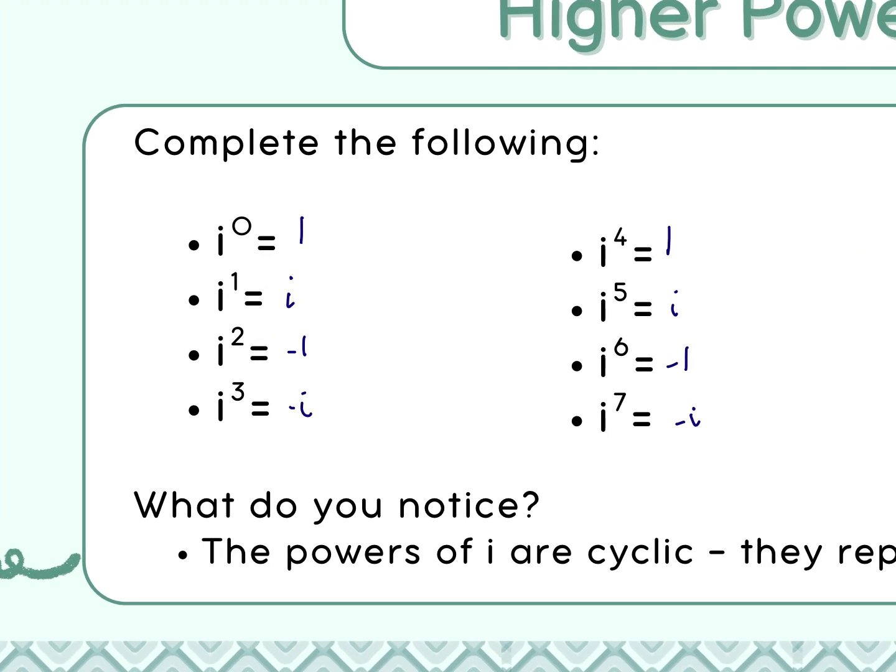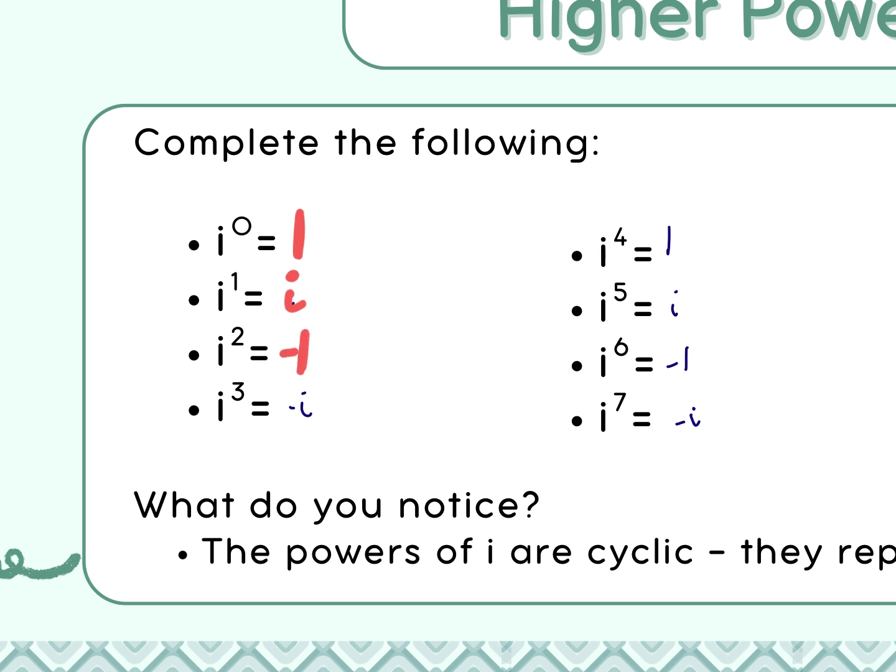What is anything, guys, raised to the first power? I'm sorry, anything raised to 0 is 1, okay? If you have i raised to the first power, it's just the letter i. What do we know i squared is? -1, we know that.